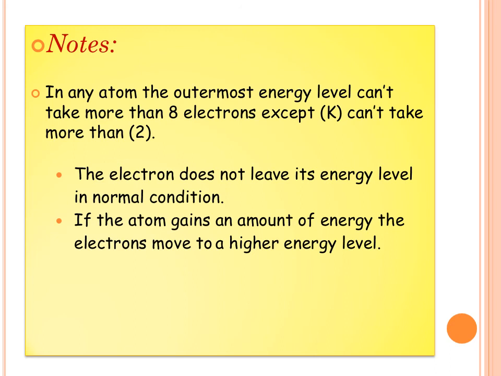The electron moves to another energy level if the atom gains or loses an amount of energy. If it loses an amount of energy, it will move to a lower energy level. If it gains an amount of energy, it will move to a higher energy level.